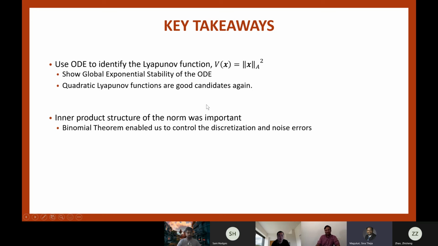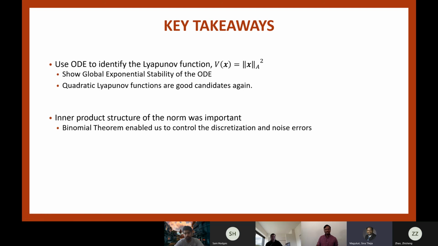Like in queuing, quadratic Lyapunov functions turn out to be good candidates in stochastic approximation too. But to use the same Lyapunov function for stochastic approximation, the inner product structure has been very important. In particular, we use the binomial theorem in a crucial manner. Because I'm out of time, I can't show you the details of the proof, but the binomial theorem plays an important role to control the discretization and noise errors.